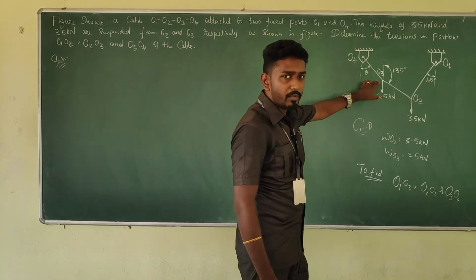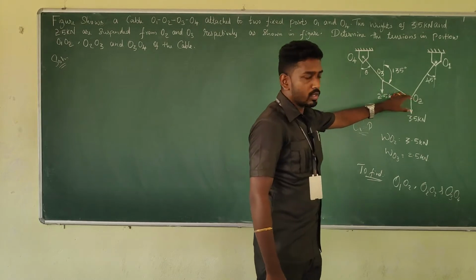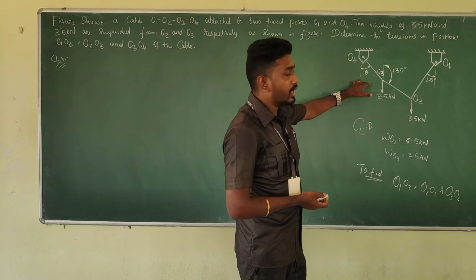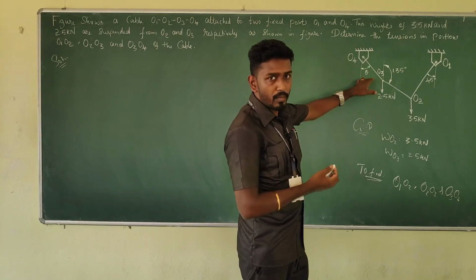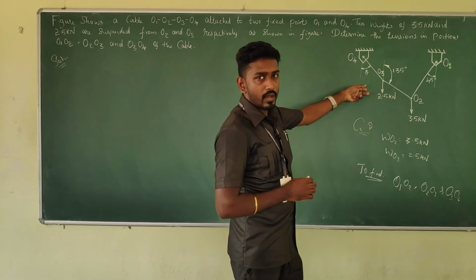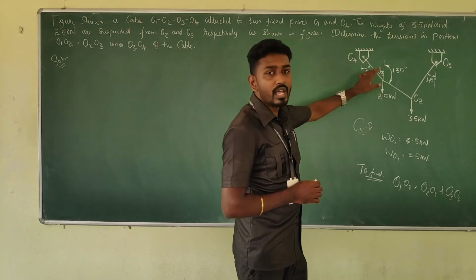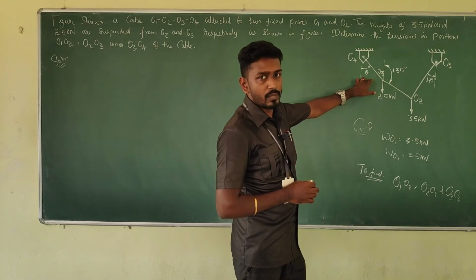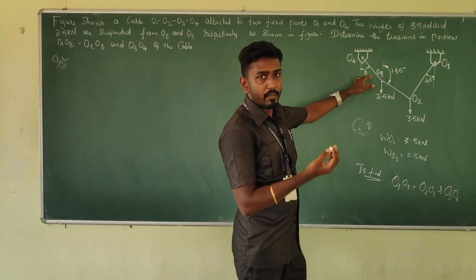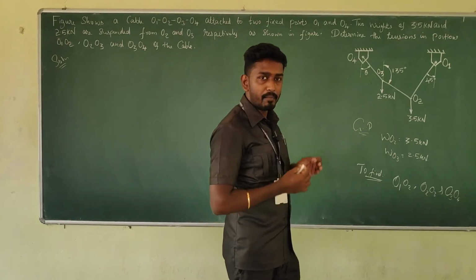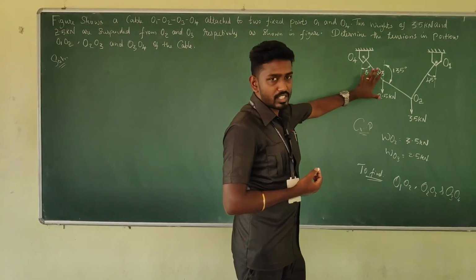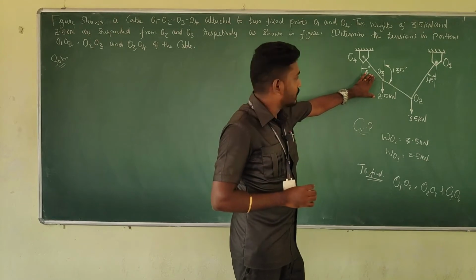Weight is acting from two points O3 and O2, and there is no reaction force since there is no body having contact with the surface. The only things are the weight and the tension force. Tension force occurs when two bodies or two points are connected by cables or strings or a rod, right? So here there is a connection, so there will be a tensile force.